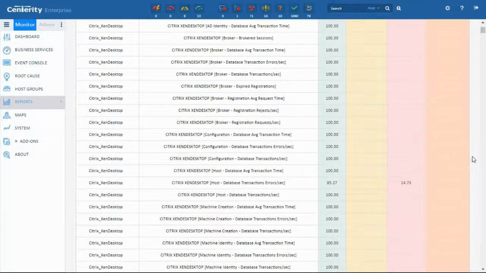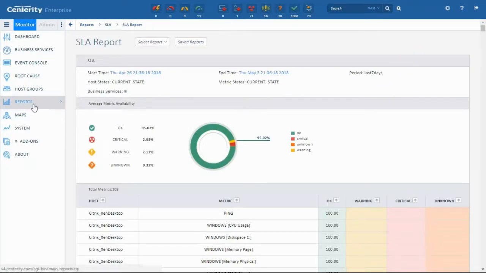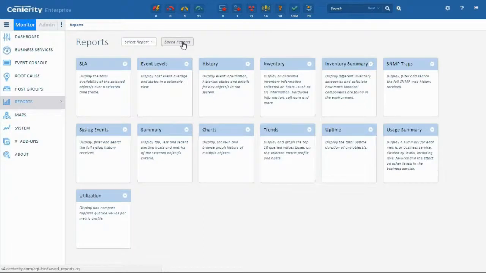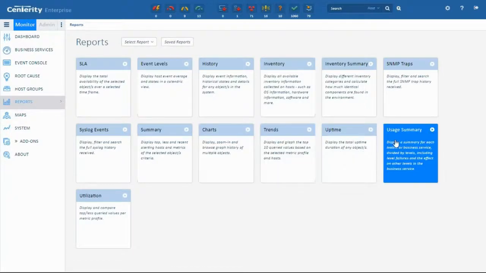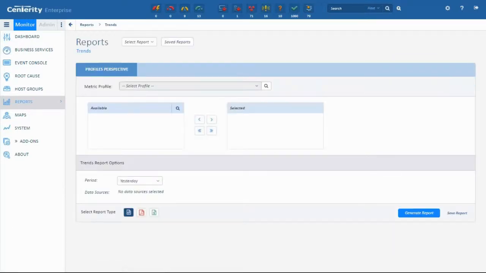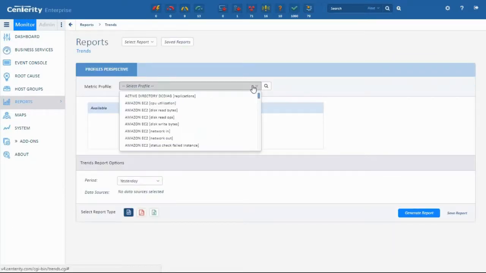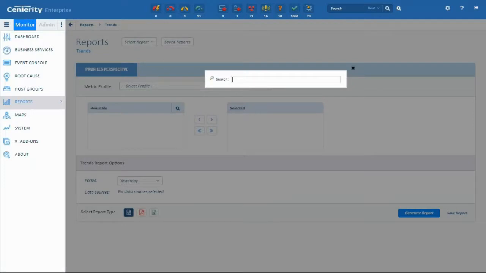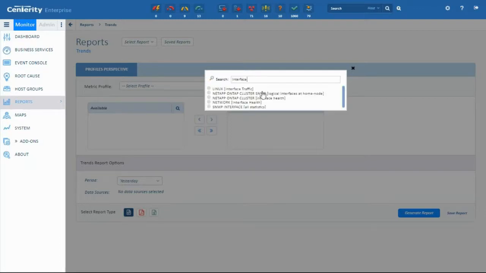All right, so last up, I'm going to show you one more. In being able to show you issues over time, we're going to show you a trend report here.